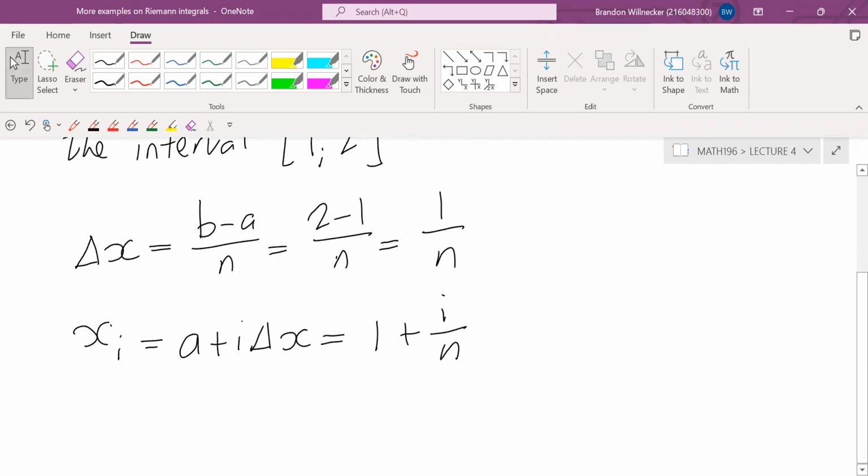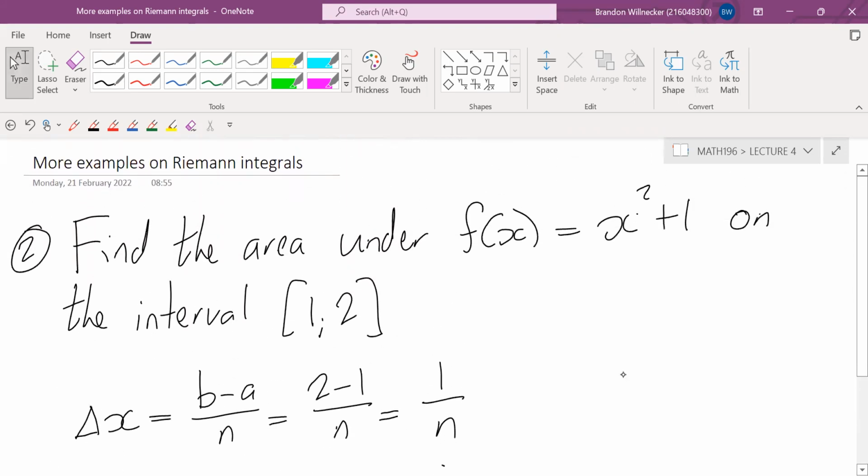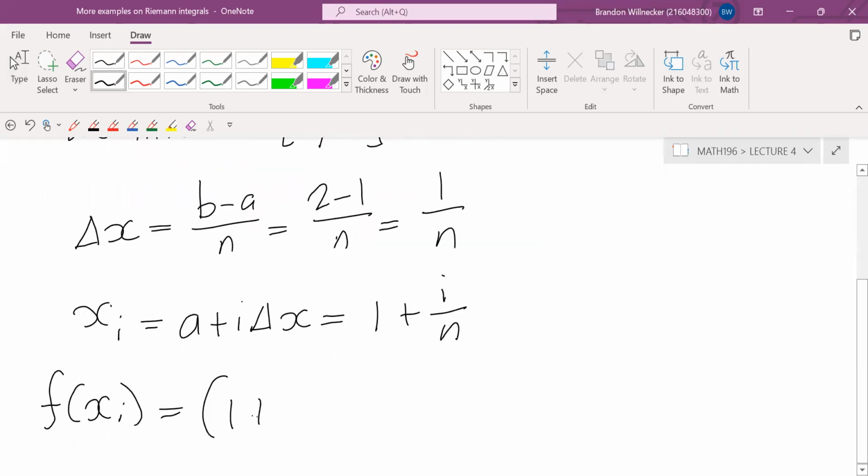Okay, and then the last thing to find here is f of xr. So that's going to be, what did we have? We've got x squared plus 1. So it's going to be 1 plus i over n squared plus 1.